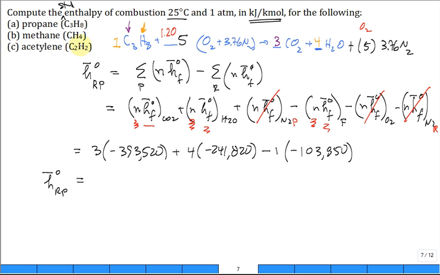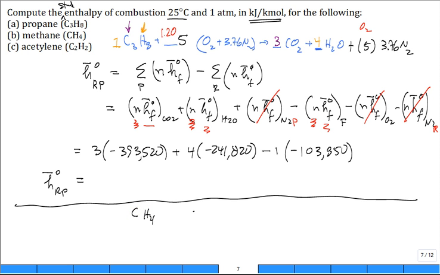How fast do you think we could do it for methane? Pretty fast? Let's just sketch it out for methane. You would have CH4 goes to how many carbon dioxides? 1. And how many H2Os? 2. Those are all the coefficients I need. I just need the fuel, the carbon dioxide, and the water.